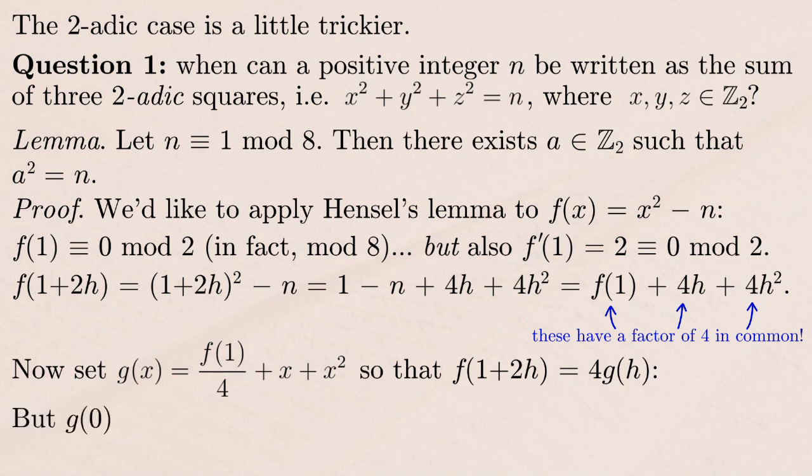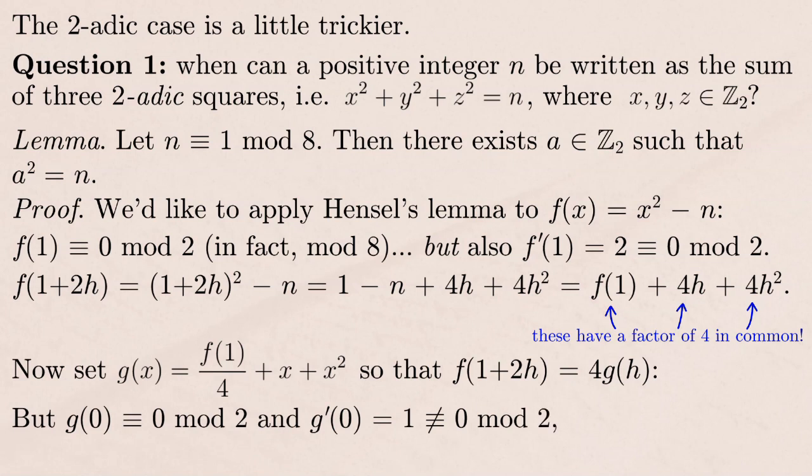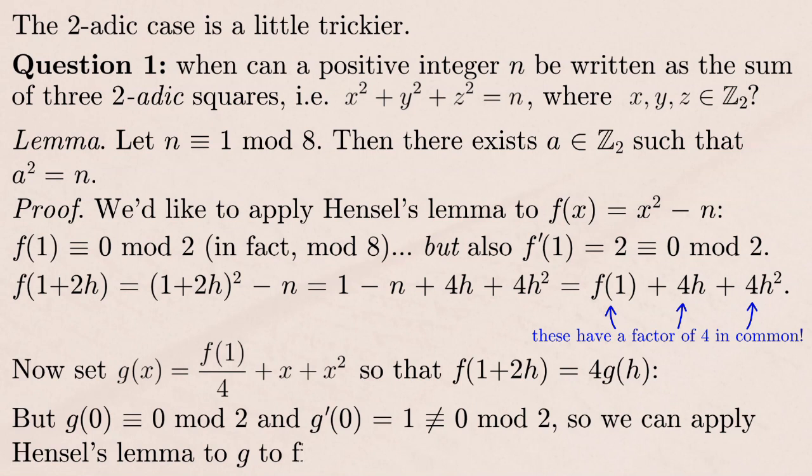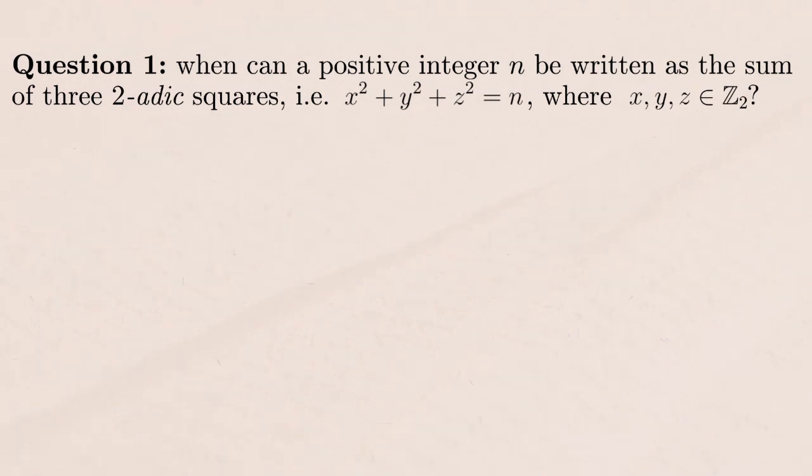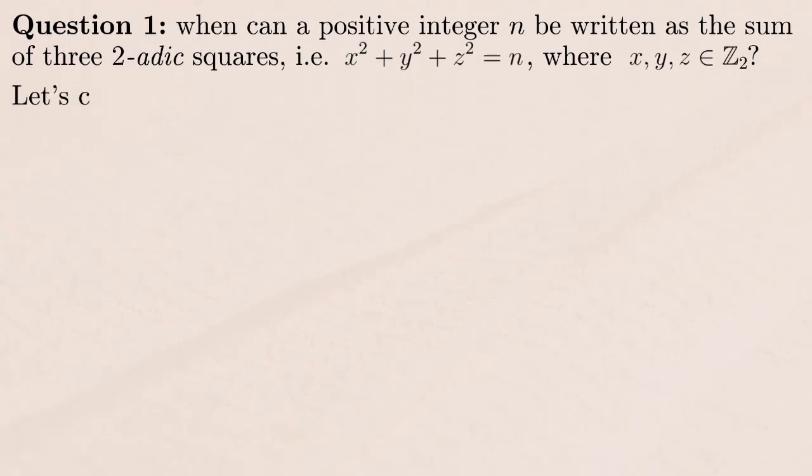But now, g of 0 is 0 mod 2, so g has a root at h equals 0, corresponding to the root of f that occurred at x equals 1. And importantly, the derivative of g is non-zero mod 2 at h equals 0. So we can apply Hensel's lemma to g to find a root. Okay, let's return to our main question and consider all of the possibilities mod 8.